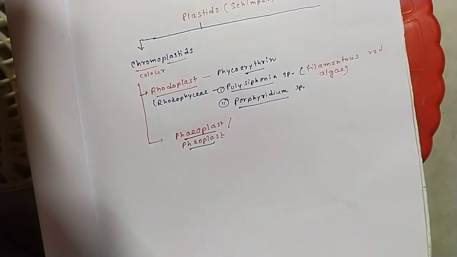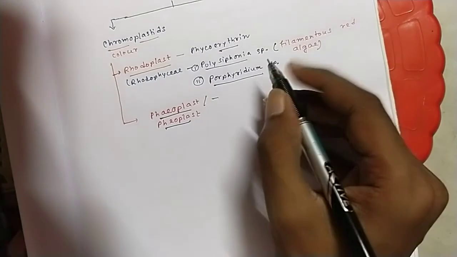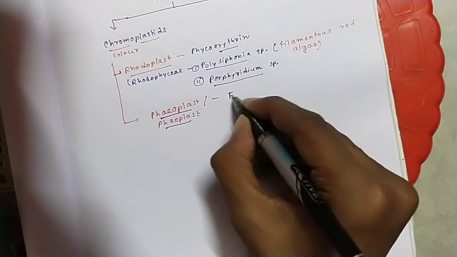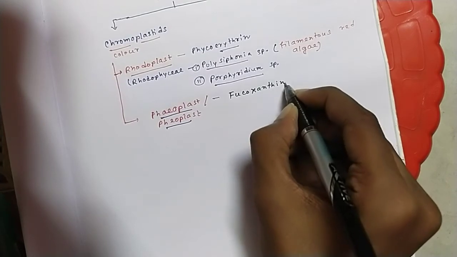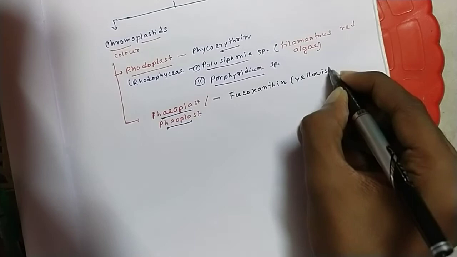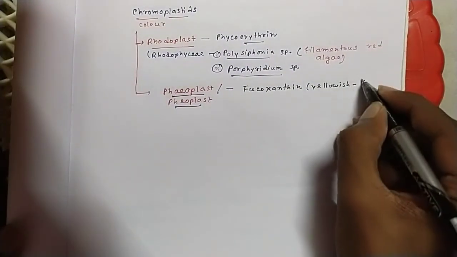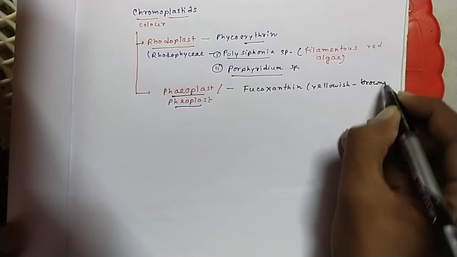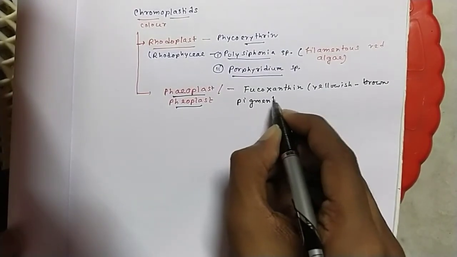Now this plastid contains a very important pigment called fucoxanthin, which is actually a yellowish brown pigment.